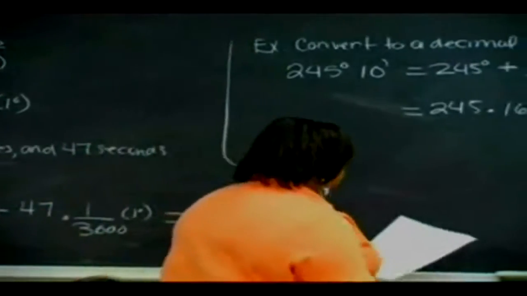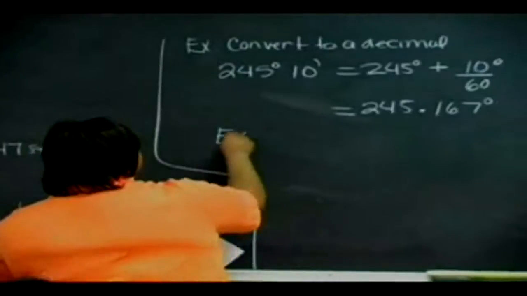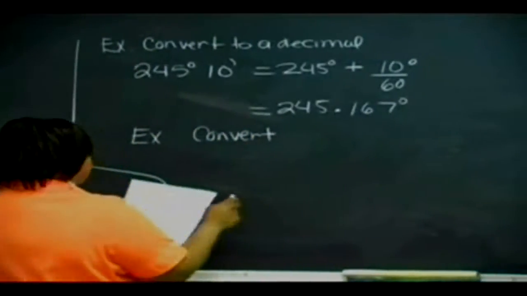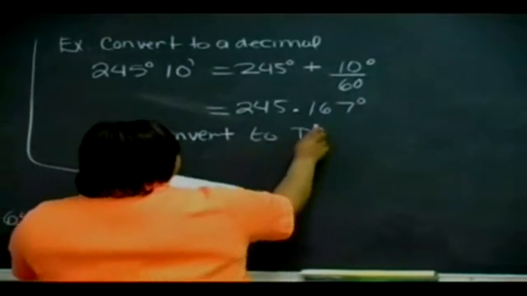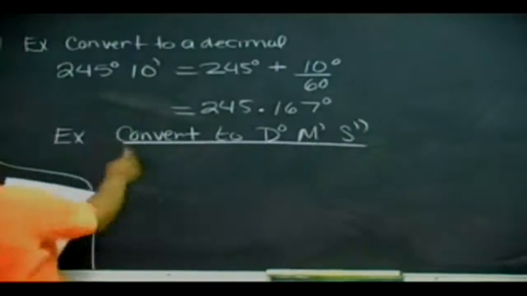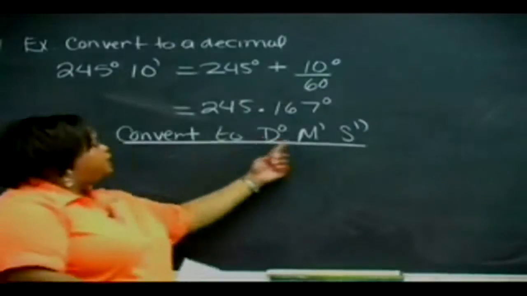Now, how do we convert the other way? Suppose we have something in decimal mode and we want to convert to degree, minute, second mode. That's our abbreviation: degree, minute, seconds.